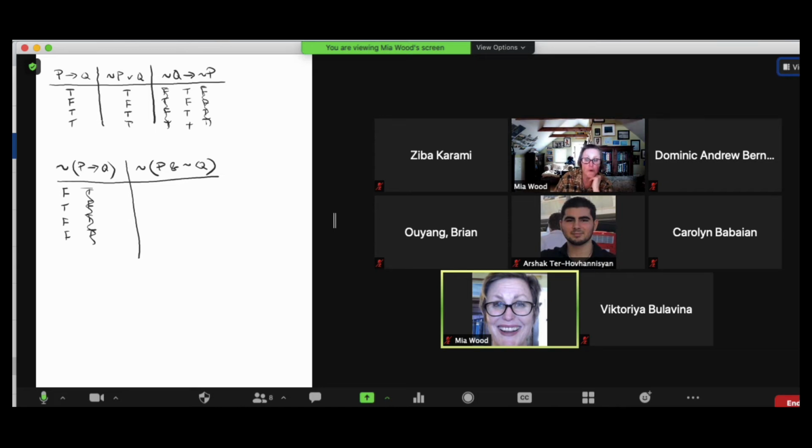Now, Dominic said the first negation is the main operator of the second sentence. So that means we need to work inside the parentheses first. We see that the second negation covers only Q. So its scope is restricted to Q, which means that negation has to be determined before conjunction.